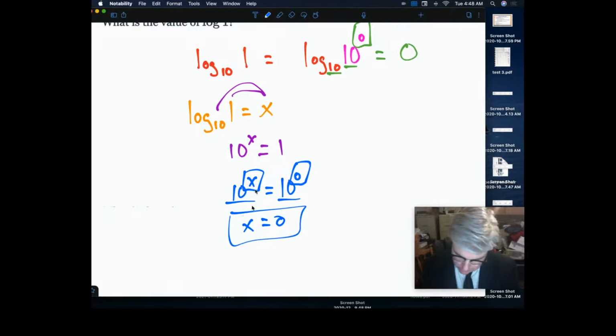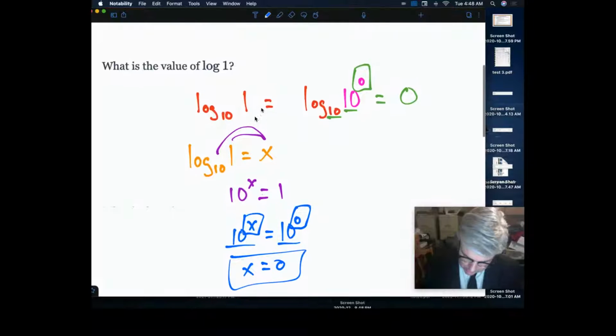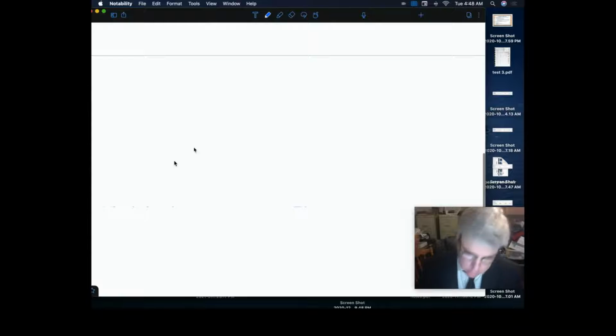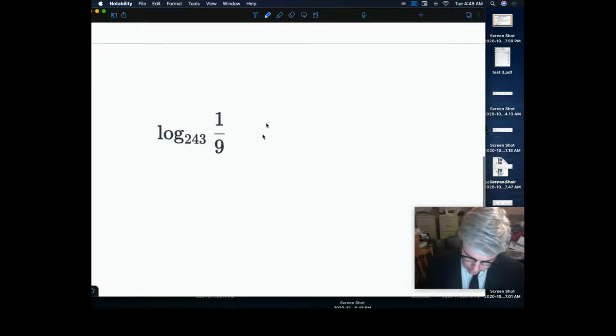I'm still asking the same question, which is how can I write 1 with a base 10? Because if I can match these up, then it's just the exponent. So two different ways of doing the same thing, and you can do it whichever way makes you happy. It doesn't matter. It's how your brain works, what works for you.